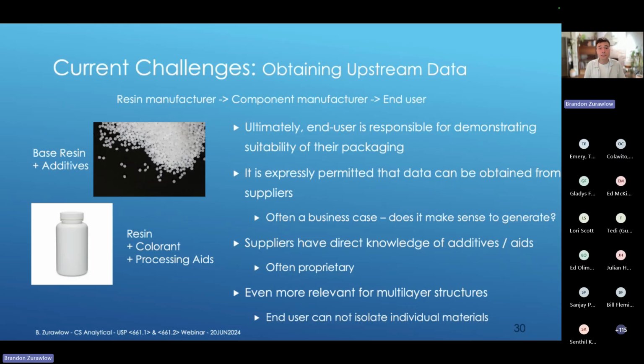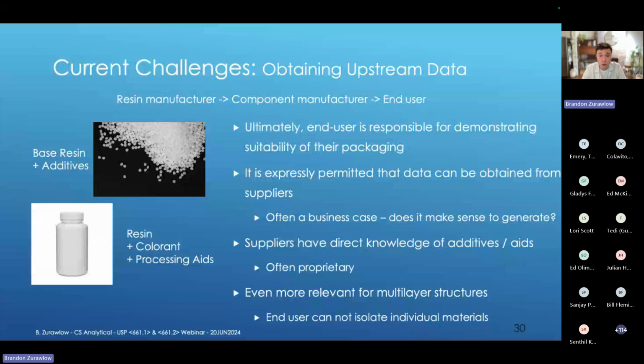And so it's not the case that every supplier wants to or will include that 661.1 data on their materials. This can be challenging because also it's those suppliers that have the direct knowledge of what additives and processing aids are being used.